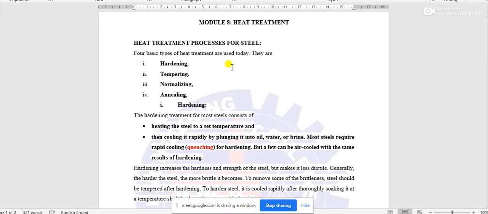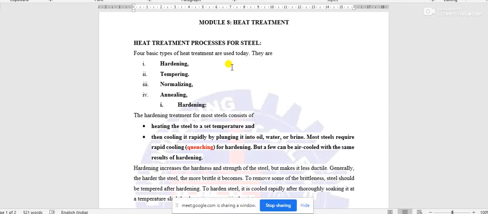In the previous class, we discussed the general process of heat treatment and the different stages used in the heat treatment of different metals and non-metals.